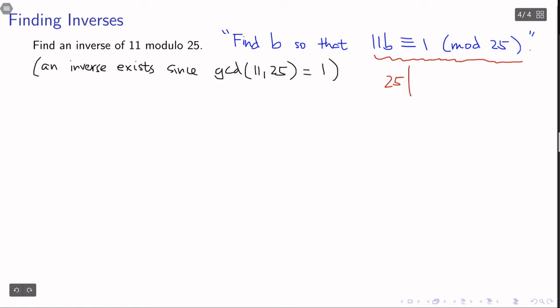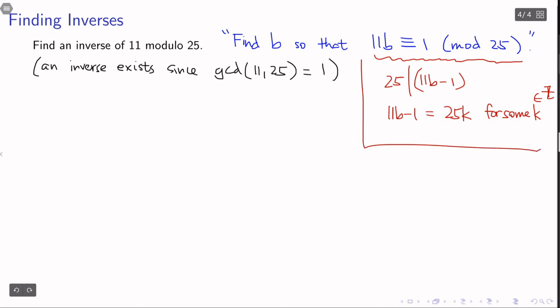That's the same thing as saying 25 divides 11b minus 1, right? From the definition of congruence. This, in turn, by the definition of divisibility, tells us that 11b minus 1 can be written as 25k for some integer k.